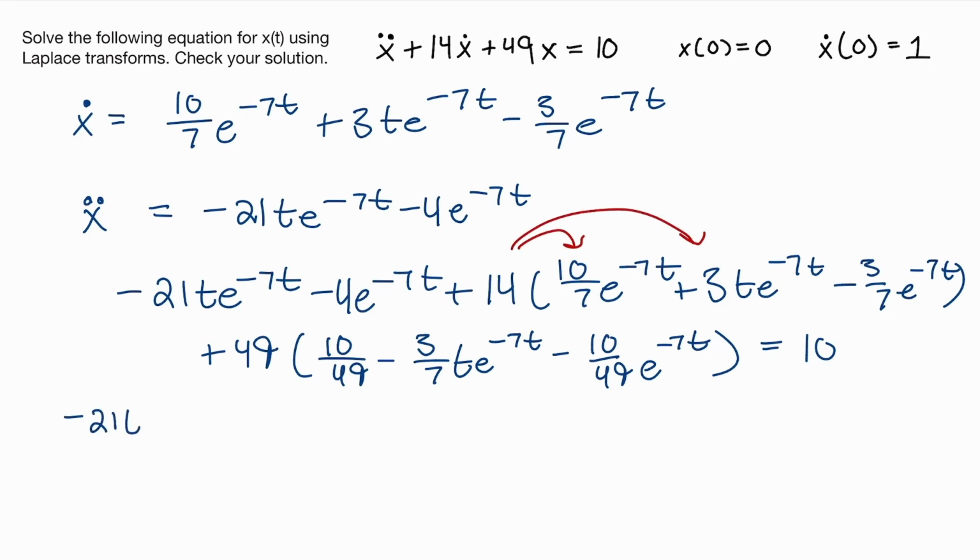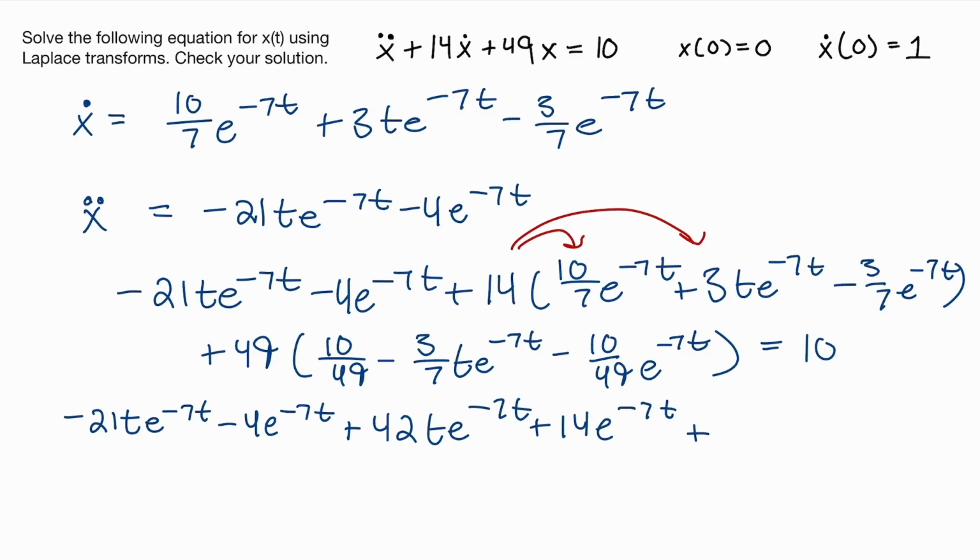Negative 21t e to the negative 7t minus 4e to the negative 7t plus 42t e to the negative 7t plus 14e to the negative 7t plus 10 minus 21t e to the negative 7t minus 10e to the negative 7t, and this is all equal to 10.